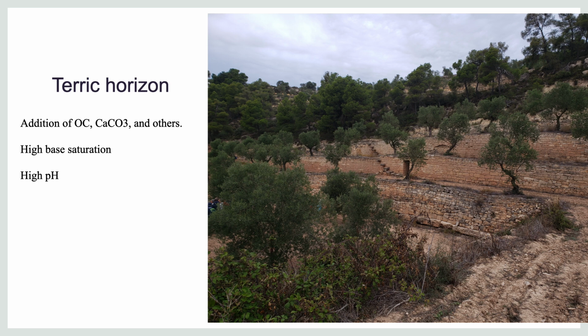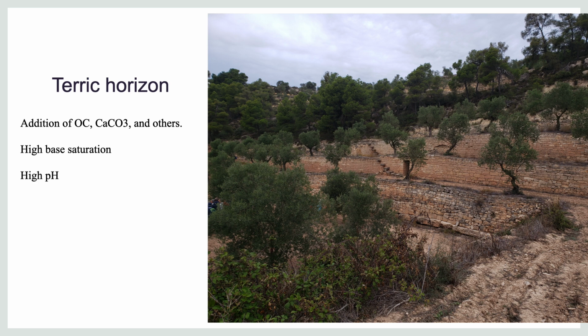And the last horizon that is formed by humans is the terric horizon. The terric horizon is a kind of European, especially European, horizon, but of course we can also see it in South America.